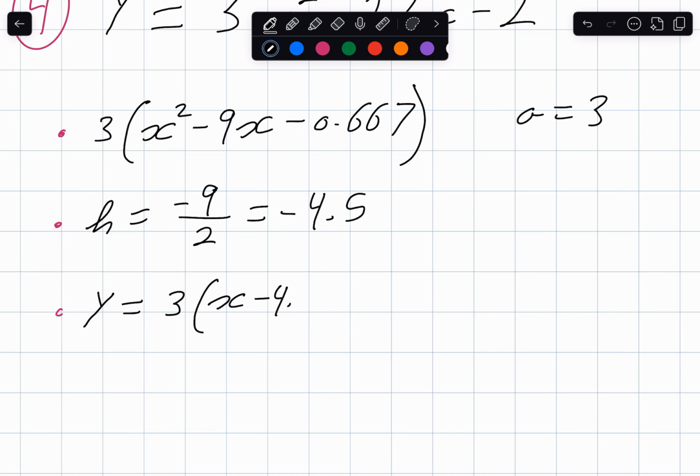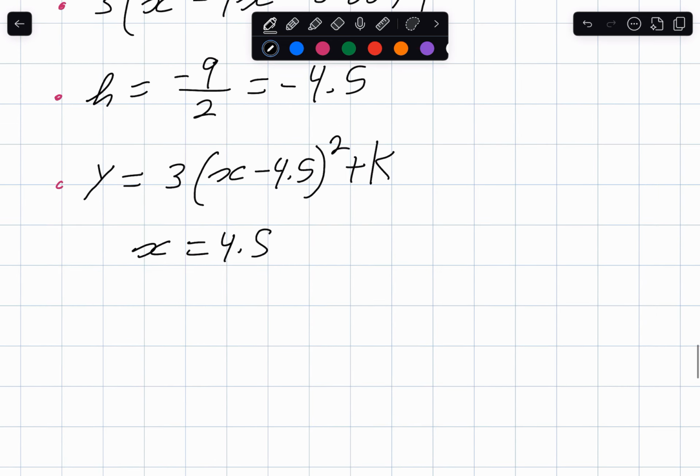So we can pull out whatever we have and set it equal to 0 to be able to find the k value later on. So here x is going to equal 4.5 after setting x minus 4.5 equal to 0.